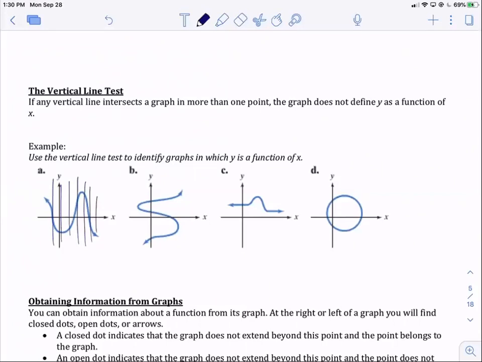No, which means yes, it's a function. Okay, if we look at B, if I draw a vertical line right here, how many times am I crossing my graph? More than once. So here we got 3 dots, which means it's not a function.